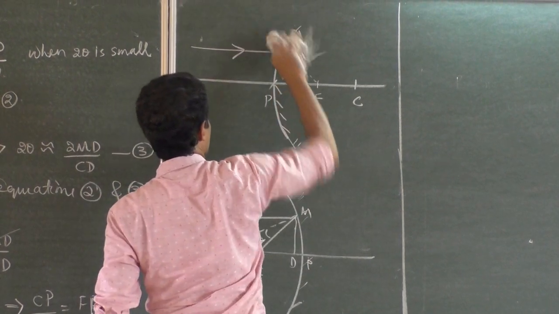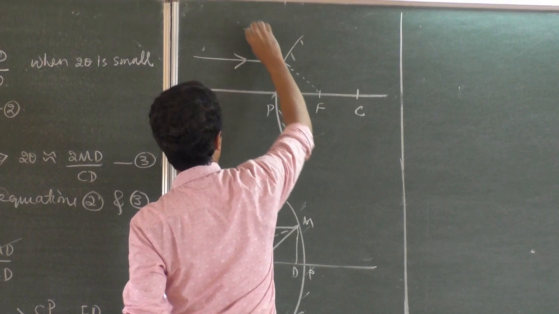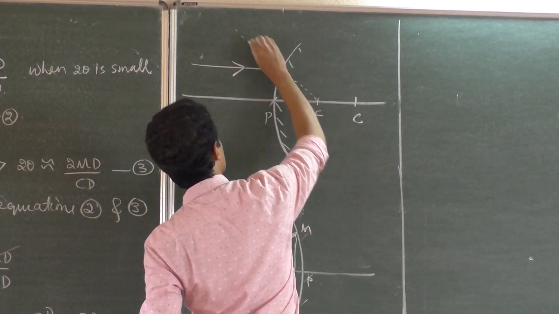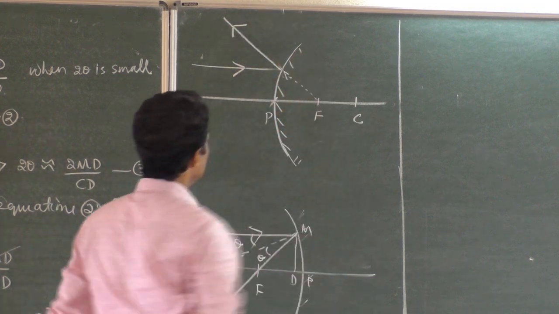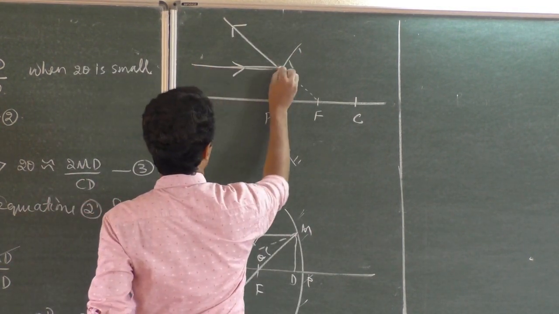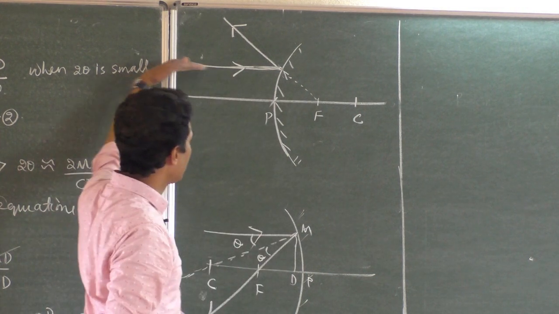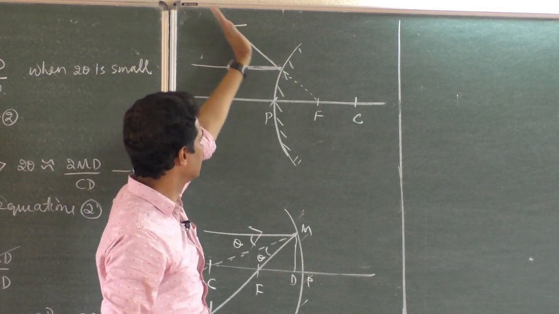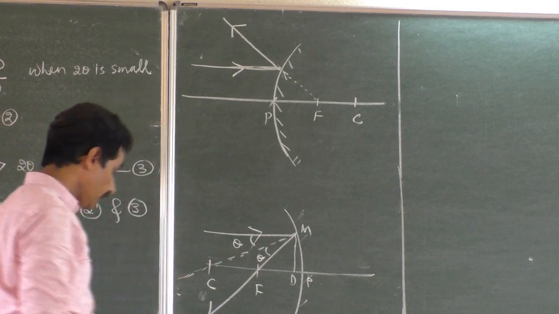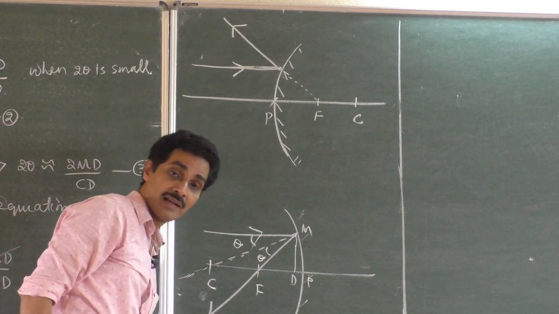If I continue it like this, this will be the direction of the focus, so it will diverge like this, in a straight line. So any ray parallel to the principal axis, after reflection, will diverge in such a way that it appears to come from the focus.